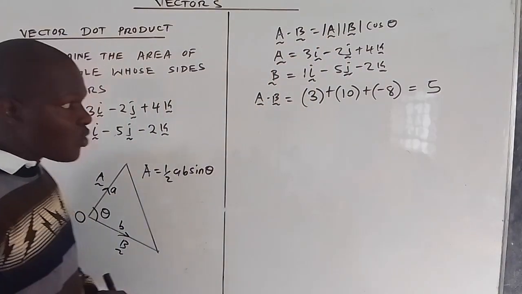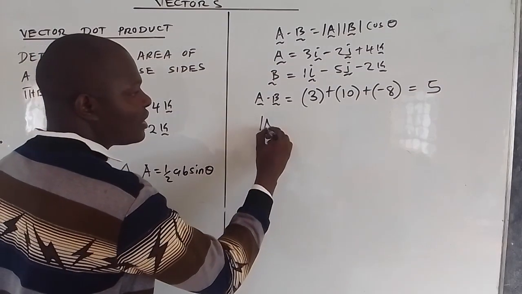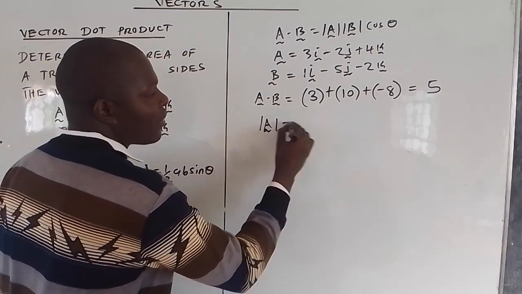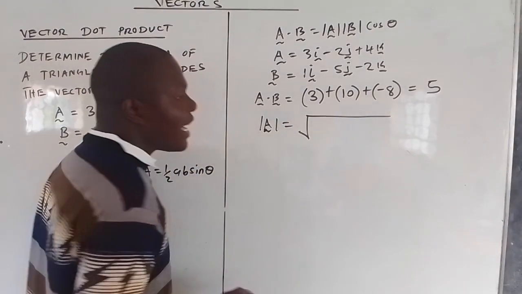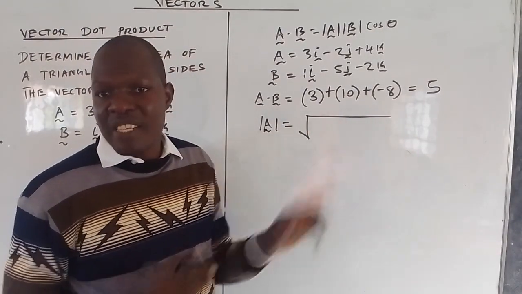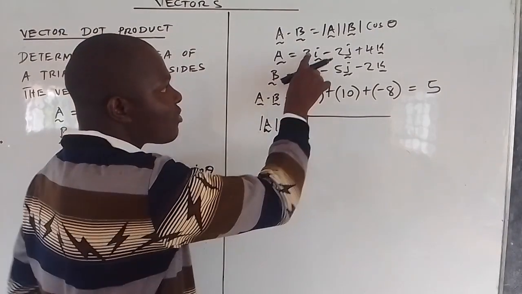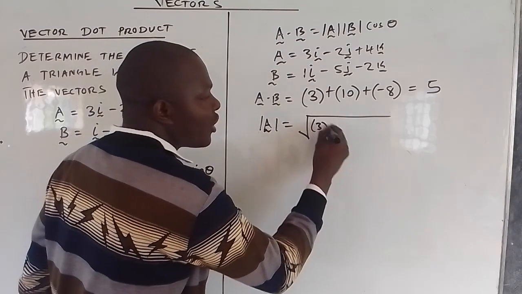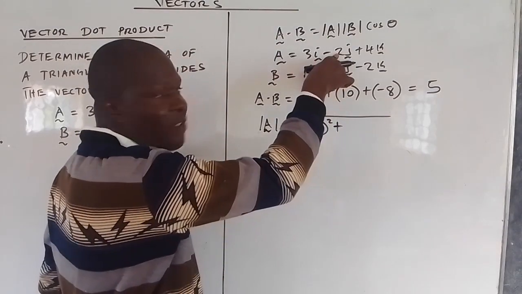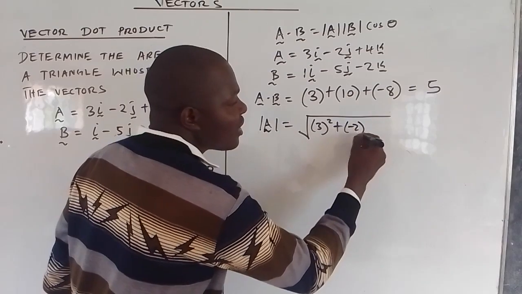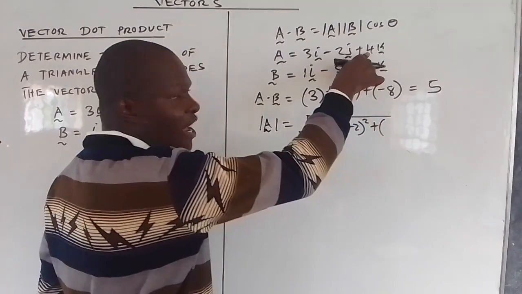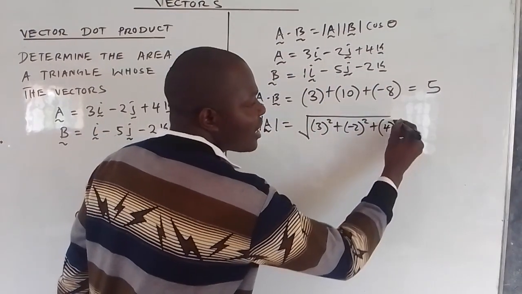Then the next thing we look for is the magnitude of vector A. By the Pythagorean theorem, that is the square root of x squared plus y squared plus z squared. So it is 3 squared plus negative 2 squared plus 4 squared.